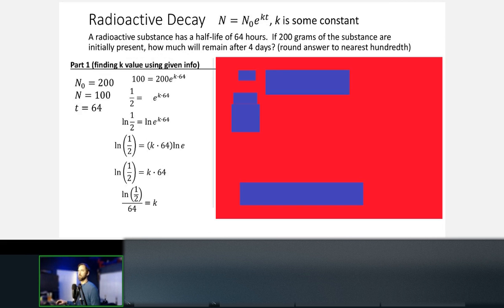I don't know if this is going to be easier or harder to look at, but I could write that 64 out in front to be 1 over 64 natural log 1/2. I could do that, right? For my k value. I don't know if it's easier or harder to look at it like that. Just thought I'd point that out.